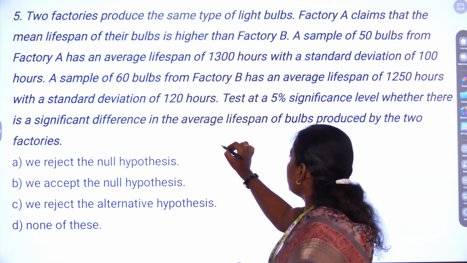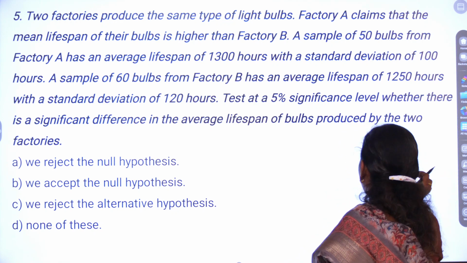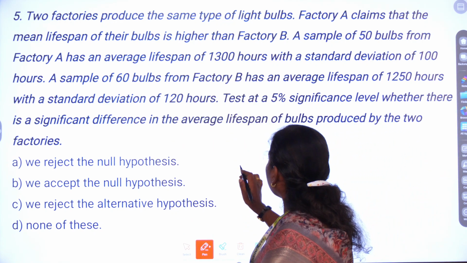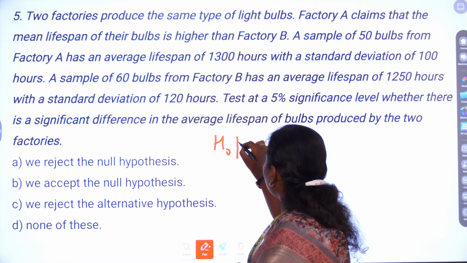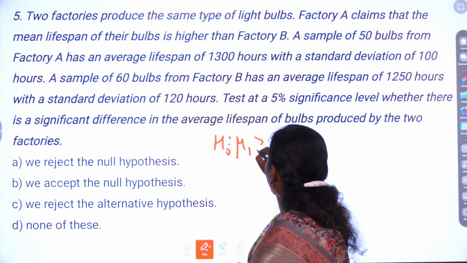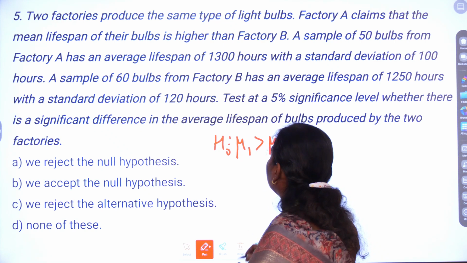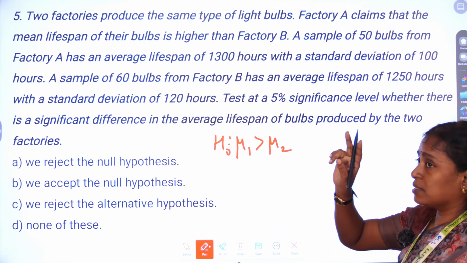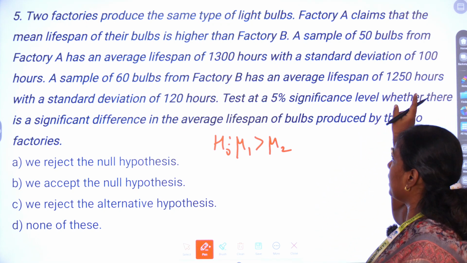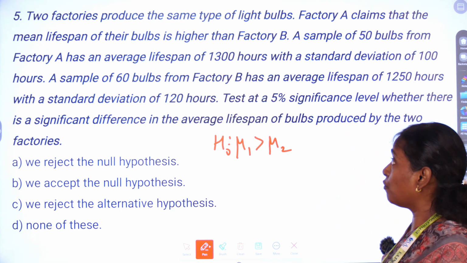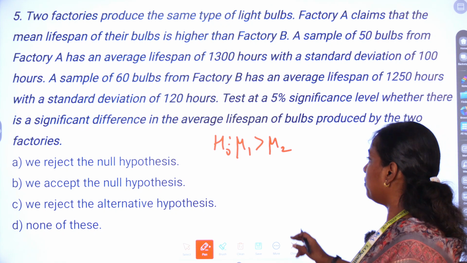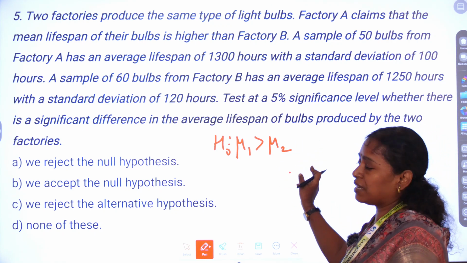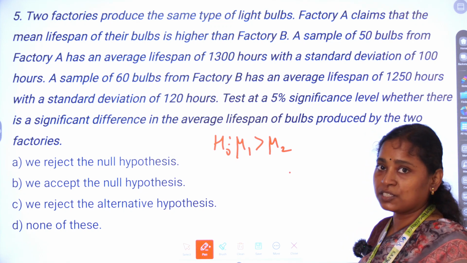So let us consider factory A as mu1 greater than mu2, right? Factory A claims that the mean lifespan of their bulb is higher than the mean lifespan of factory B.